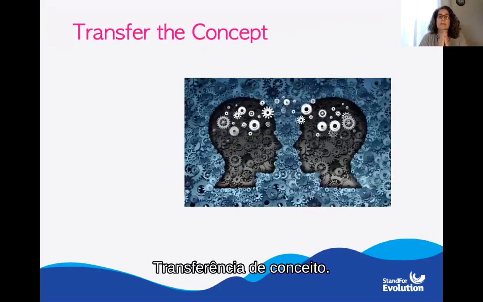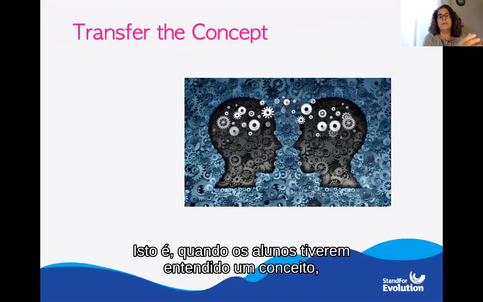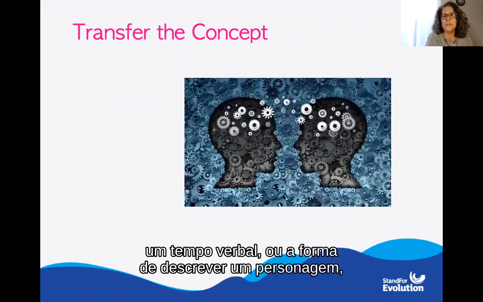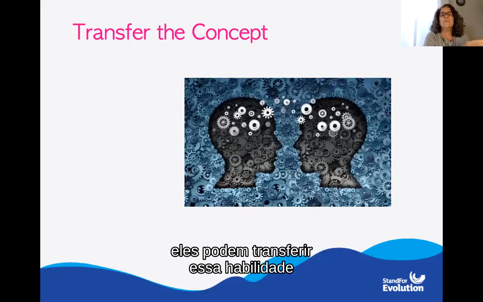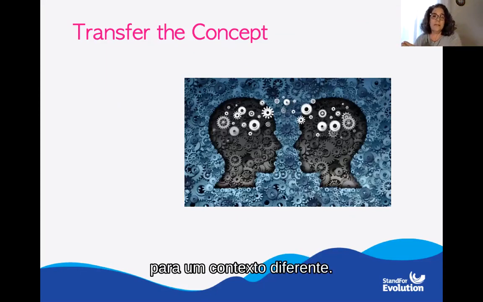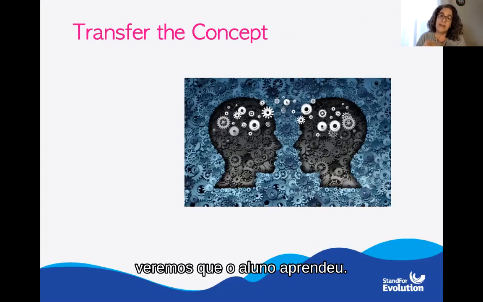Transfers the concept. That is, once the learners have understood a concept or have understood a verb tense or have understood how to describe a character, they can transfer that skill, that ability to a different context, right? And if that happens, we will see that the learner has learned.